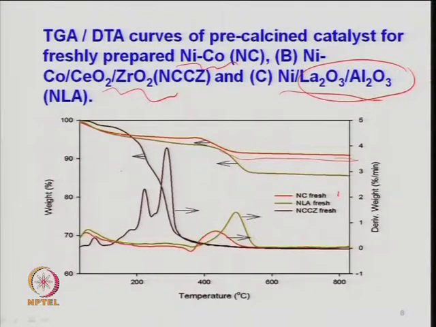So, this is weight loss I am talking about, weight versus temperature, and these two graphs are something like this. And for the third one, which is again for fresh catalyst, the TGA line is this, a decrease in the weight which is much more compared to these two, right. If you look at this point, the weight loss is very high, right. So, this third one is your catalyst related, given here as NCCZ, nickel cobalt ceria zirconia.